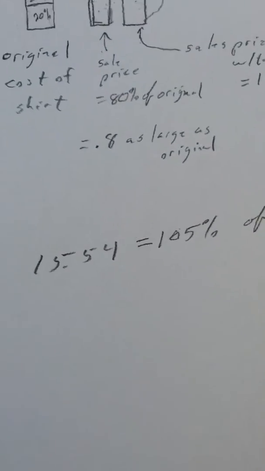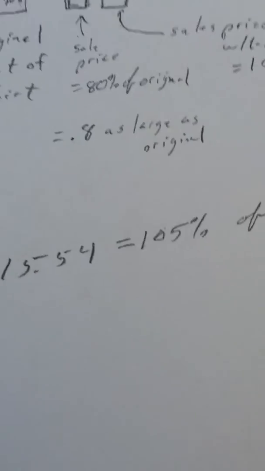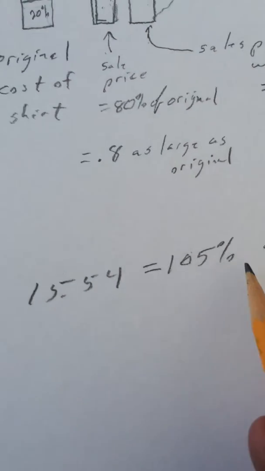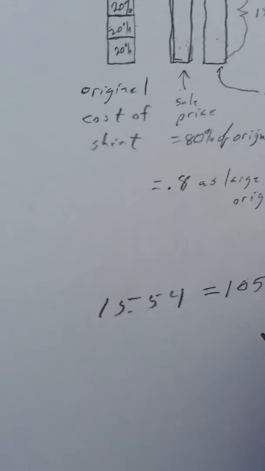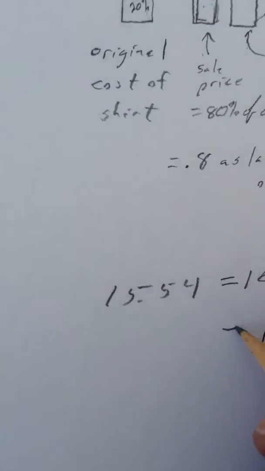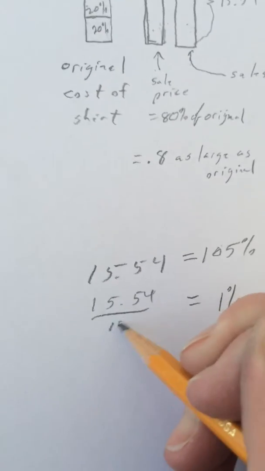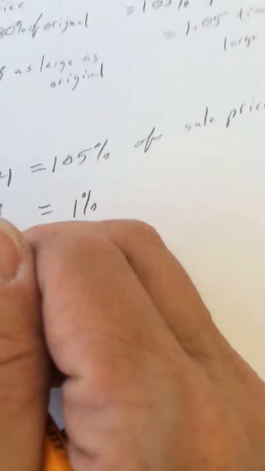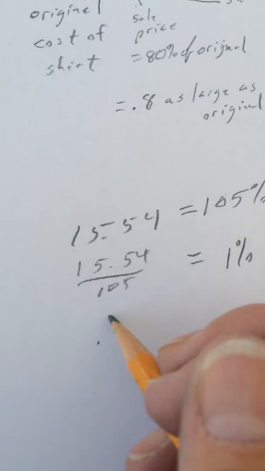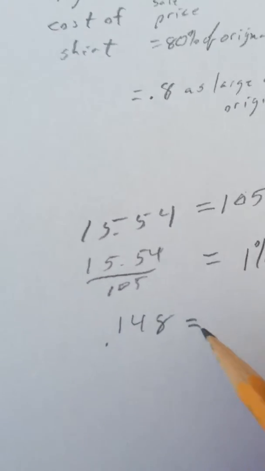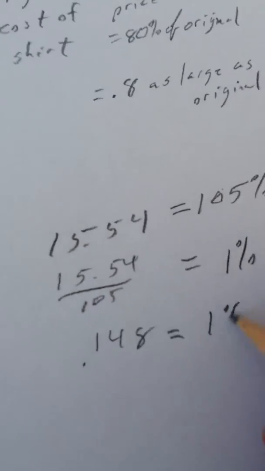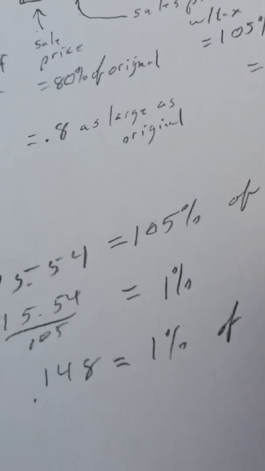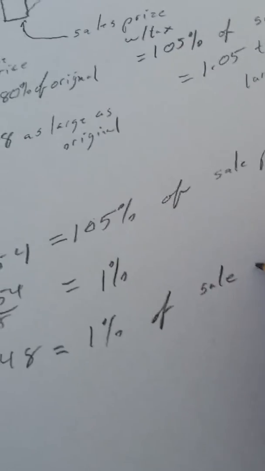So we can kind of do like finding unit rates. So if 15.54 is 105%, what would 1% be? 1% would be this 15.54 divided by 105. And when you do the math on that, you get 0.148 equals 1% of the sale price.